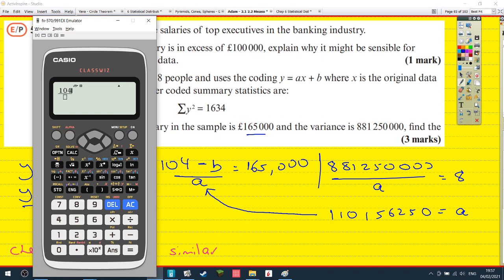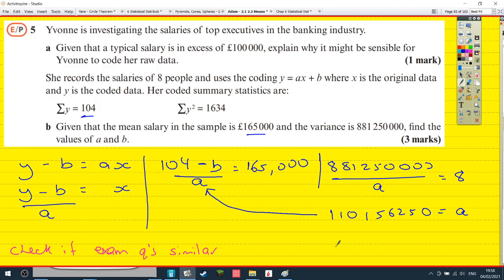So 104 minus x all over answer equals 165,000. Shift solve. So it's just working in reverse. You can see why they coded it. It's a very big number.